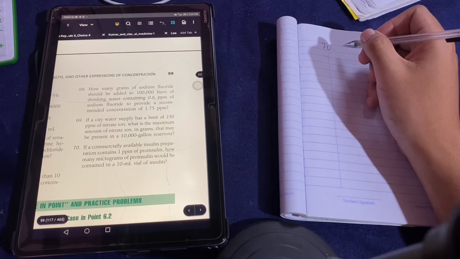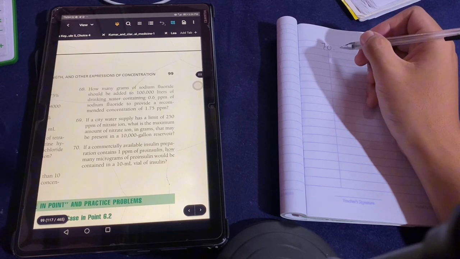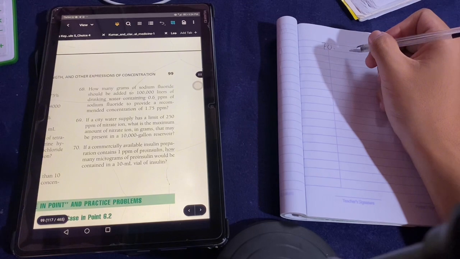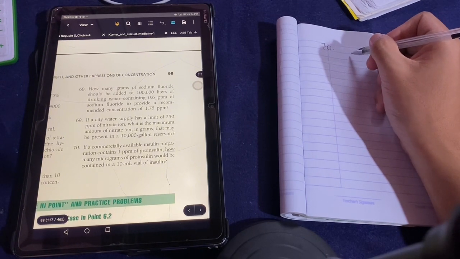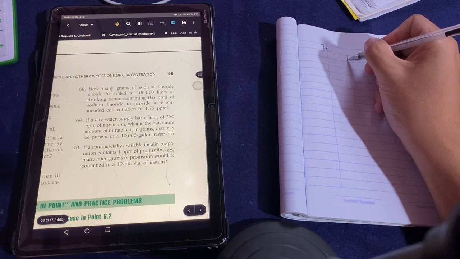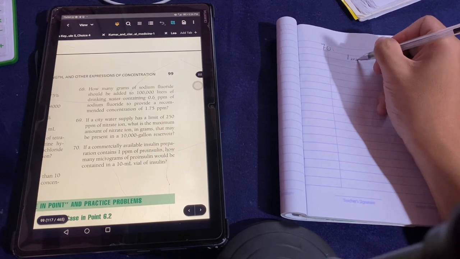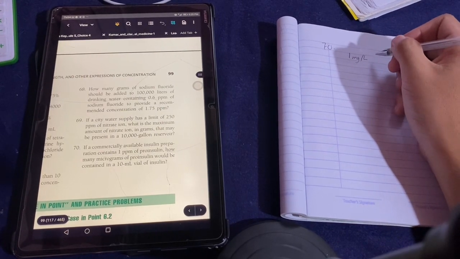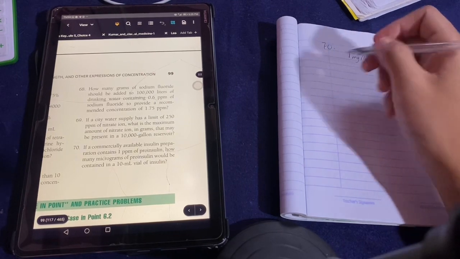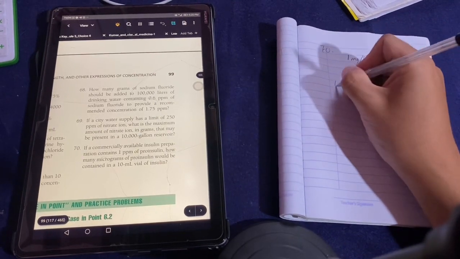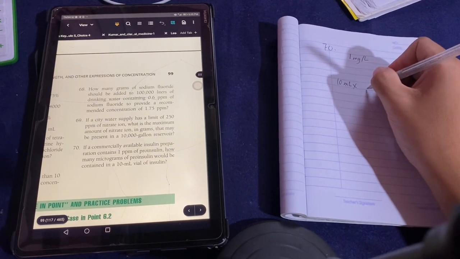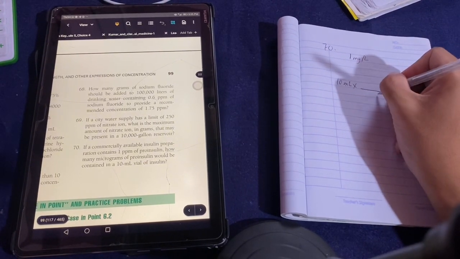Ang gagawin natin is i-convert natin muna ang ppm into milligram per liter. So 1 milligram per liter ito. Then yung 10 ml na yan, i-convert natin siya into liters.